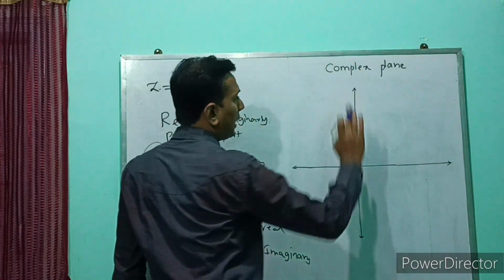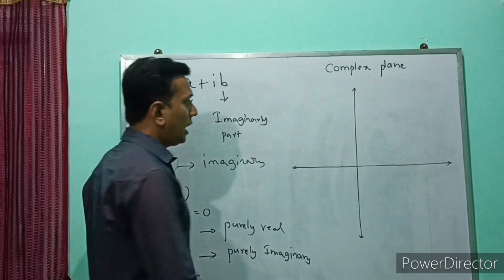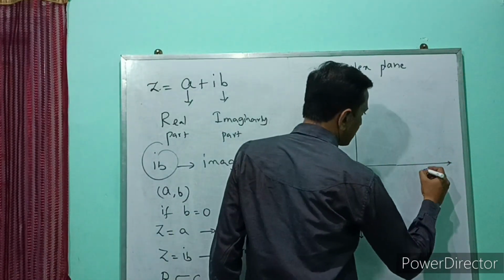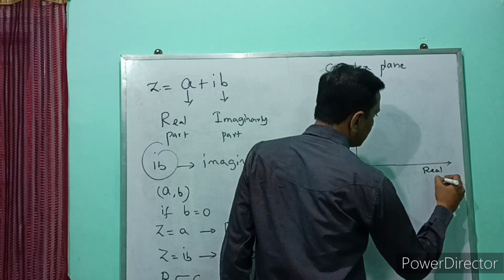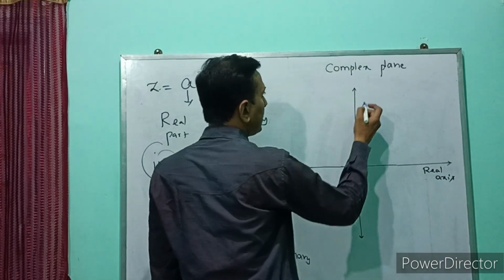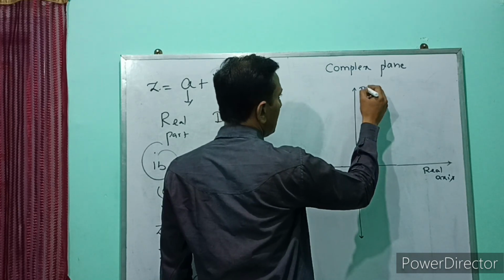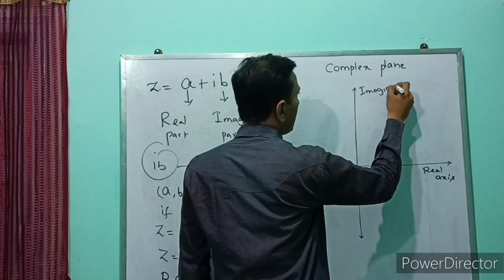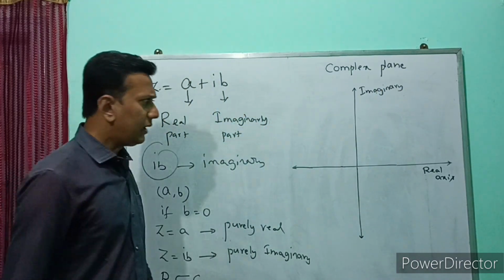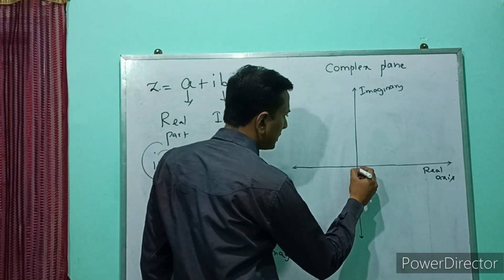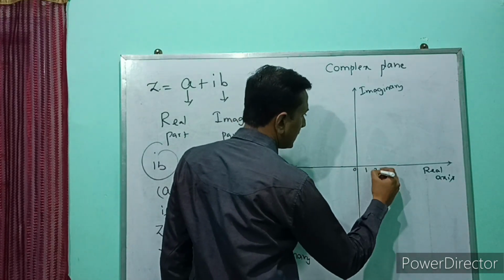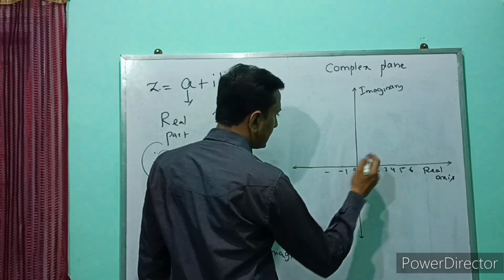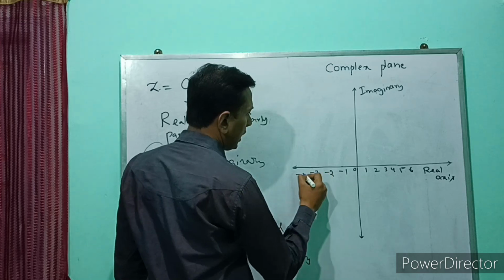Now the complex plane. In this complex plane, we have an x-axis as well as a y-axis. This horizontal axis is called the real axis, and this vertical axis is called the imaginary axis. Generally, whatever numbers we are going to represent on the number line, we represent on the real axis, on the right side positive, on the left side negative.